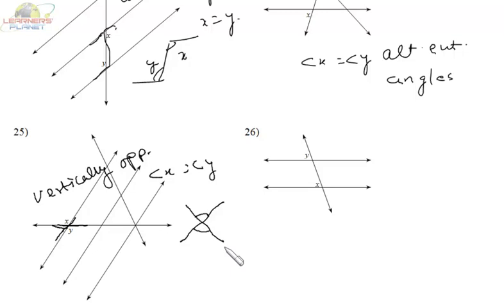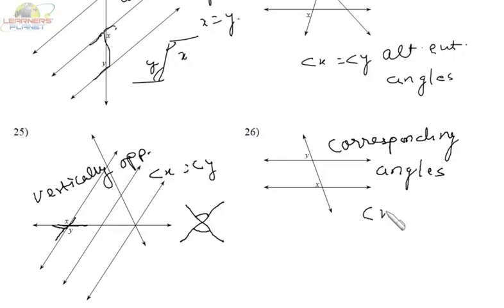Okay, assume this to be a straight line. Clear? Here x and y, both of them are lying on the same side of the parallel lines, so both of them are corresponding angles. So angle x is equal to angle y. Clear?